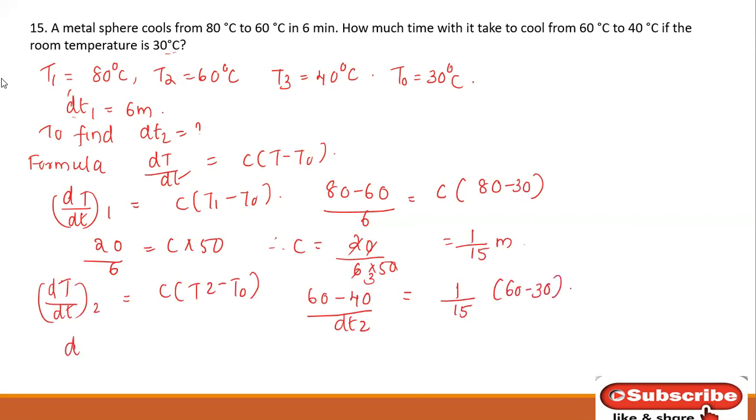That is dt2 is equal to 60 minus 40, which is 20, on cross multiplying into 15 upon 60 minus 30, which is 30. 5 3s are 15, 5 2s are 10. That is 10 minutes. dt2 is 10 minutes.